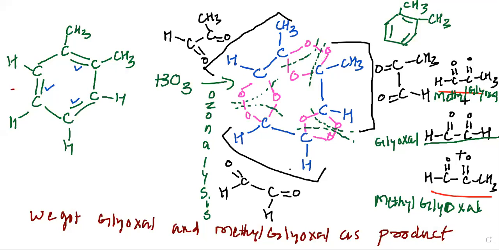Now, my dear students, suppose we have this Ortho Xylene in this particular form. Please, all of you, pay attention. In the last period, we have studied about the glyoxal, which were having this kind of structure.